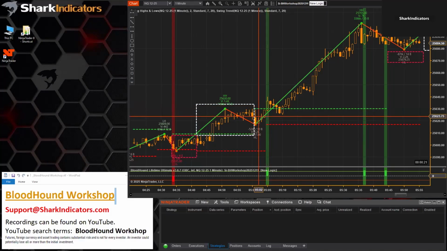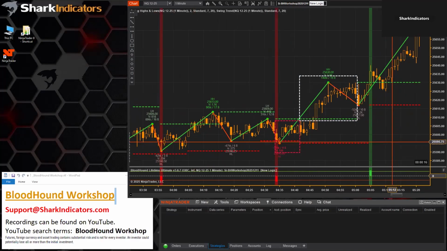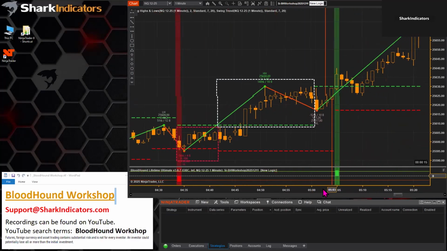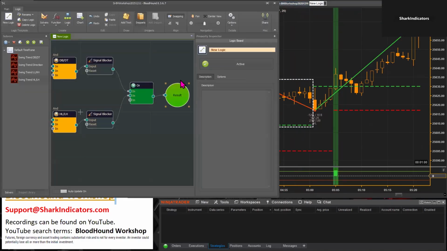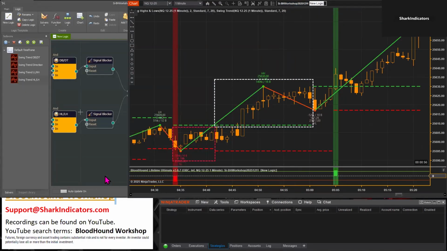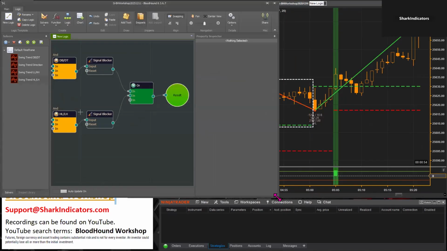This is what I was missing here. So this is definitely a higher high bar. So if you want to exclude those higher highs, then we just need to stretch this out a little bit.